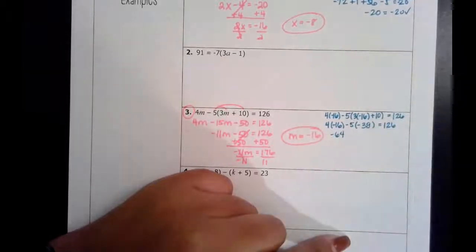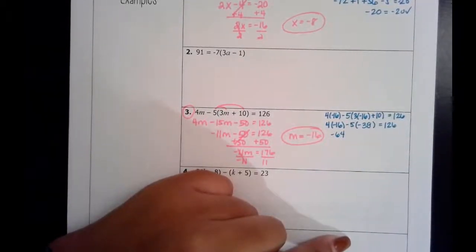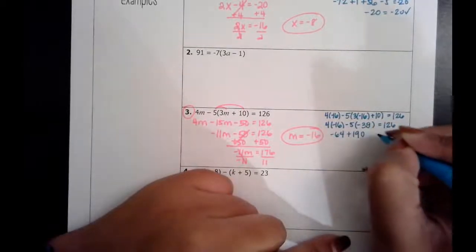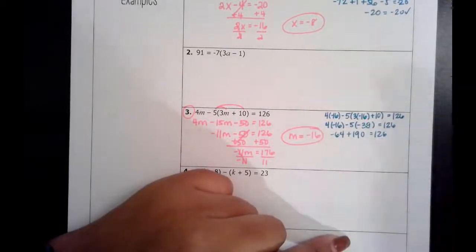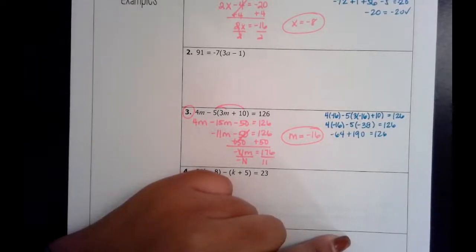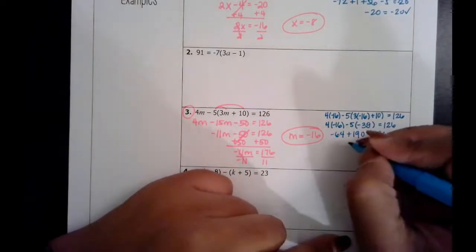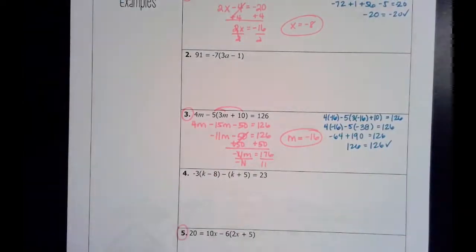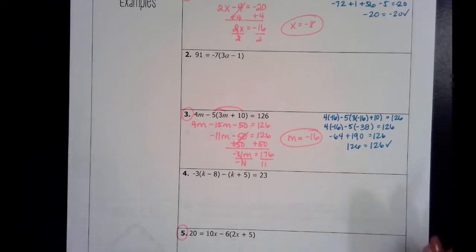Negative 5 times negative 38 is 190. Negative 64 plus 190 is 126. So negative 16 is the correct solution. On to number 5.